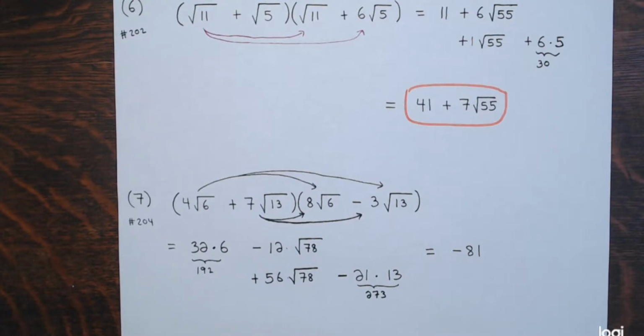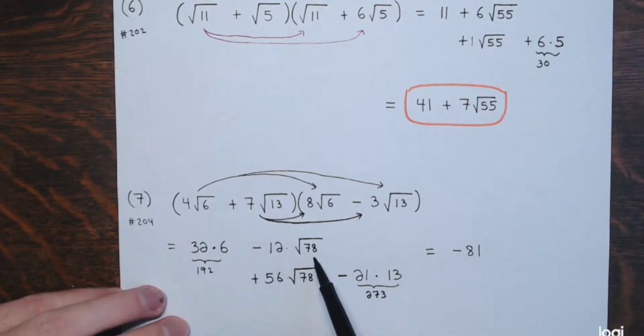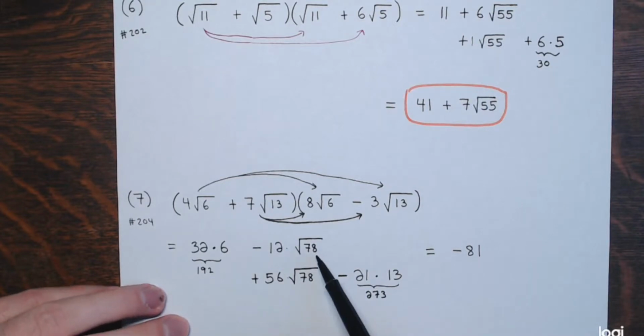All right, and then combining the like radical terms, you just combine the coefficients of both of these. Now the square root of 78 doesn't simplify any further, right? 78 is 2 times 3 times 13. There are no perfect squares that go into 78, so that's as simplified as it gets. And negative 12 plus 56 would be 44.